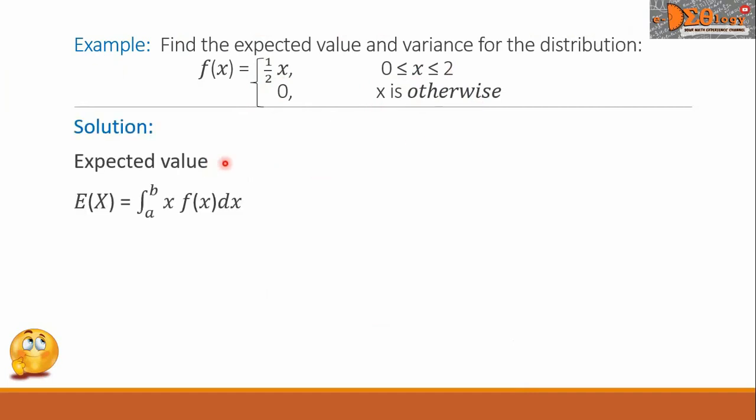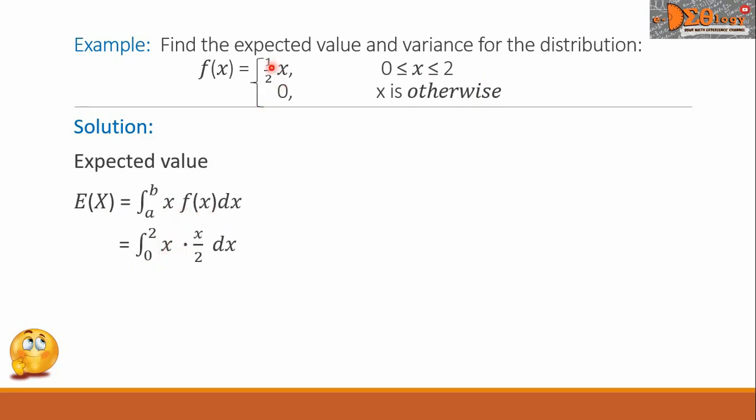Let's begin with the expected value, E of capital X, and we have this formula. Substituting the corresponding values, so we have now the definite integral from 0 to 2. These are the limits, and we got this from this portion. The x here we copy here, multiplied by the function f of x.